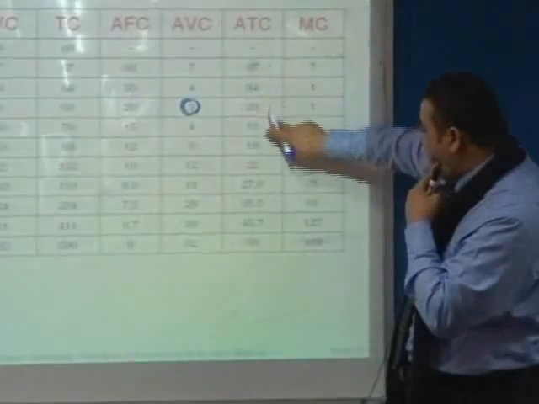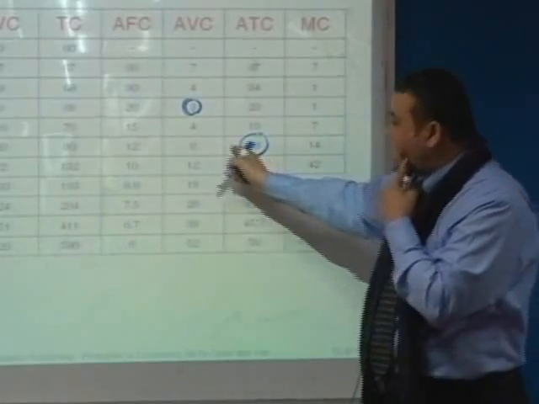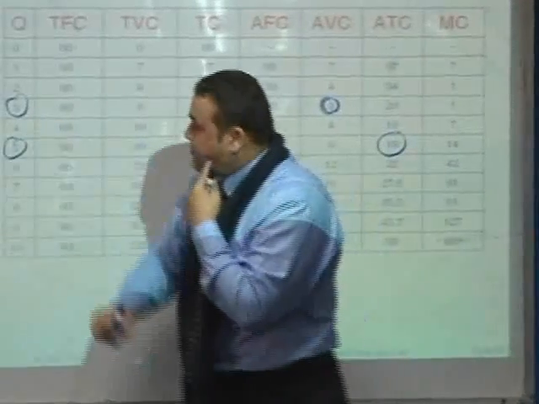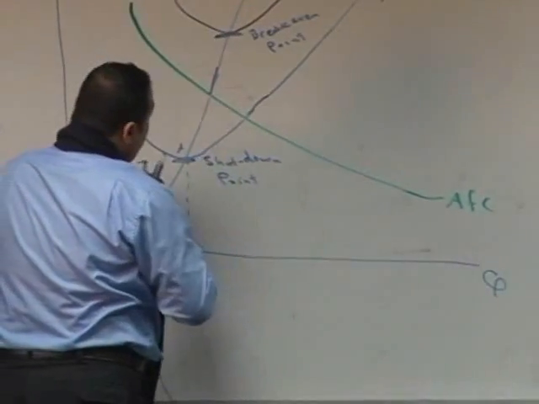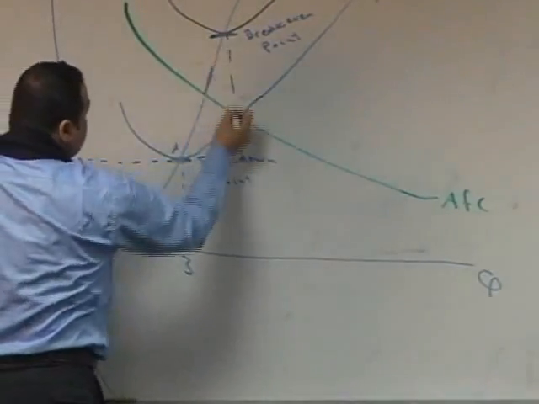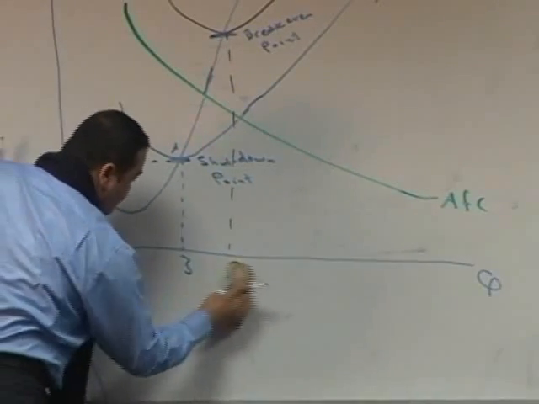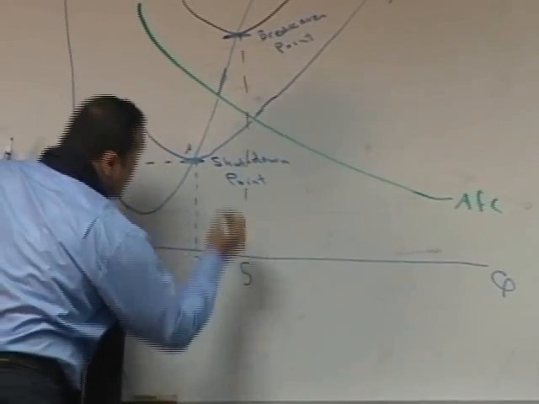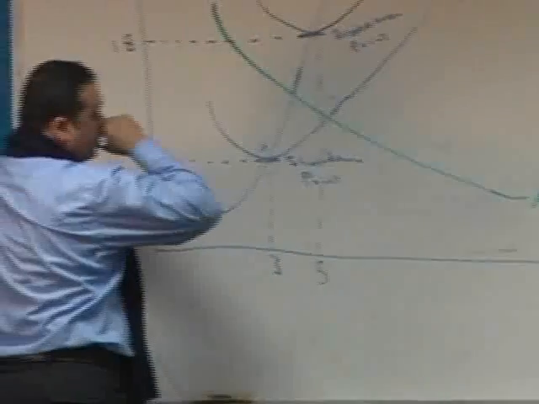Where is the least of ATC? 18, yes, excellent. In this case, the Q is 5. So the ATC is 18, Q is 5. Right?